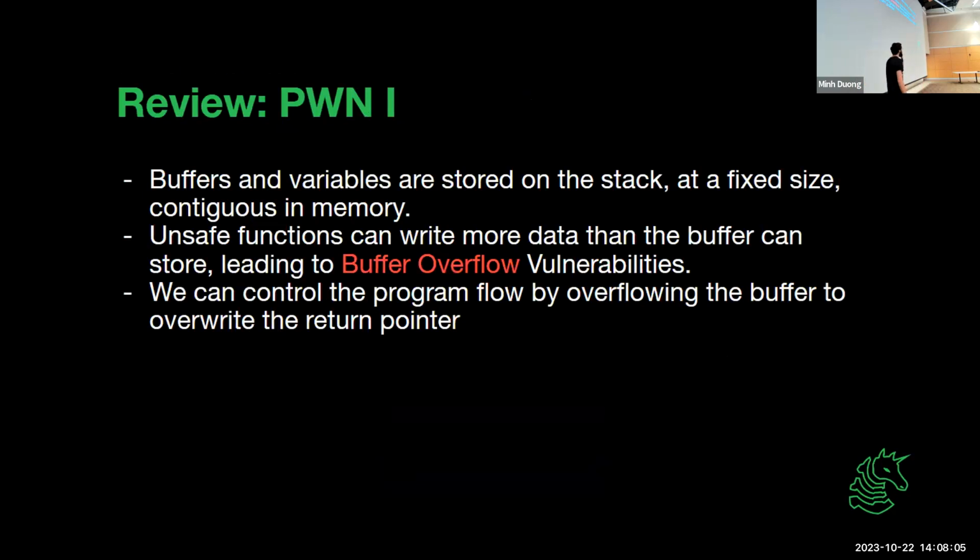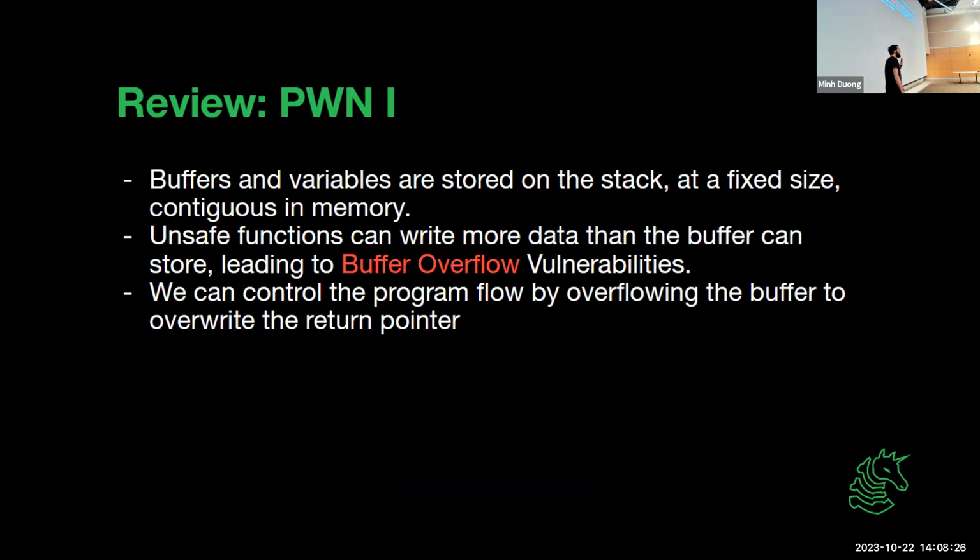So let's review PWN I. We talked about how buffers can be allocated on the stack. They're usually at a fixed size and space, and they're all contiguous in memory. So if I define 2 integers in a row, the memory for the second integer will be before or after the first integer.